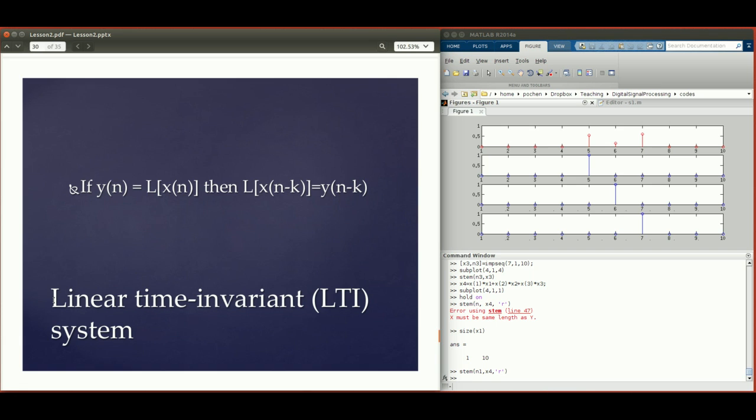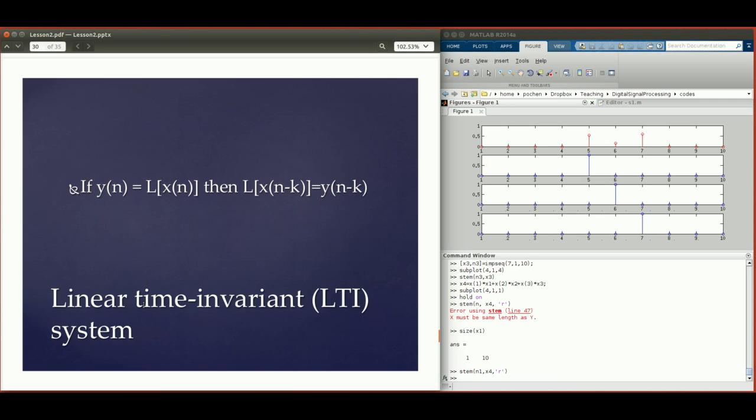In addition to linearity, we're going to assume that the system itself doesn't change with time. If you treat the system as a black box, the internal mechanism, the internal implementation of the system, doesn't change with time. So if you put an input signal into the system today, you get an output signal.